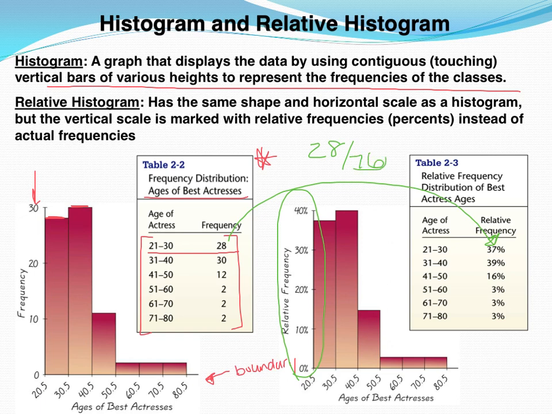And how did I get 76? That was the total of all of my actresses. So 28 divided by 76, and then whatever you get with that, times that by 100, and that should be right around 37%. You have to do that for every frequency over here and change it to a relative frequency, which is a percent. You can always check yourself by adding this column up, and it should add to 100. Okay.